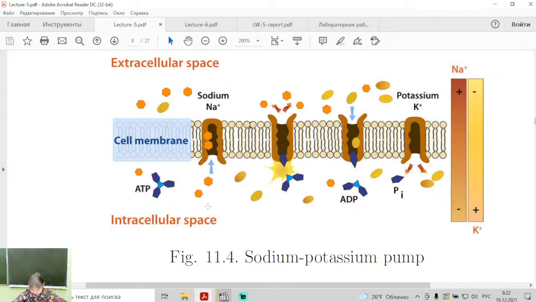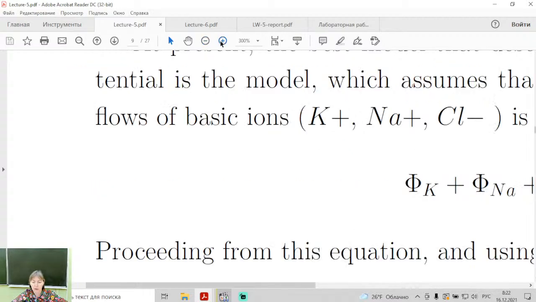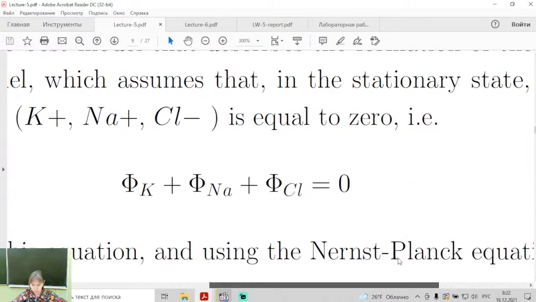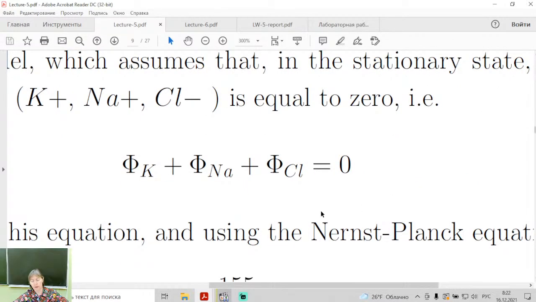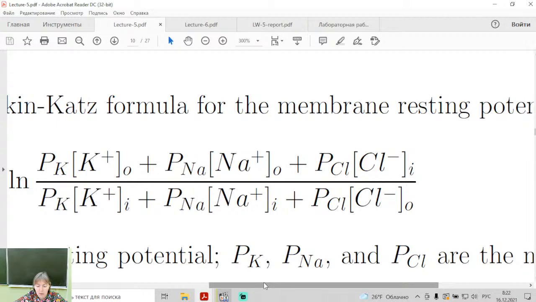And look here, it is the condition of the stationary state. Proceeding from this equation and using the Nernst-Planck equation, one obtains the Goldman-Hodgkin-Katz formula for the membrane resting potential. Look here.